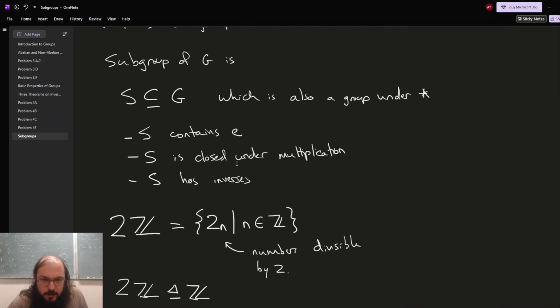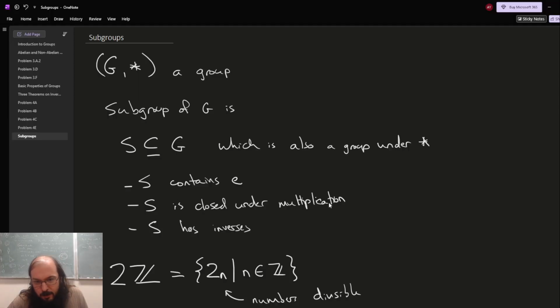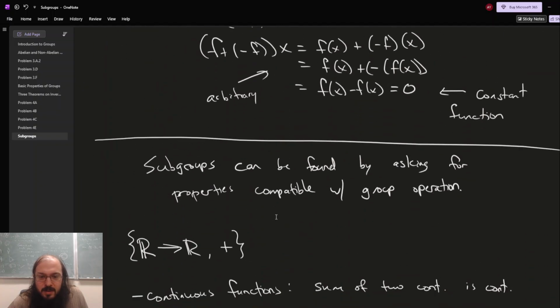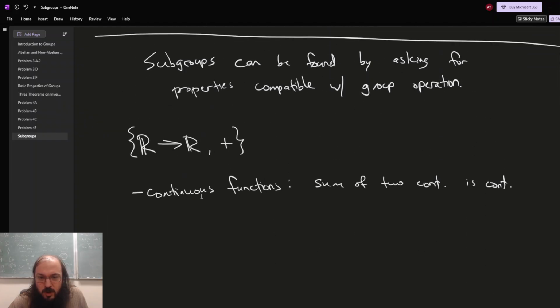which have these properties. Okay, I wrote multiplication because we were using multiplicative notation above, but because the sum of two continuous functions is continuous and the negative of a continuous function is continuous, that means that continuous functions are a subgroup. The same is true for other calculus collections of functions, like differentiable functions, integrable functions.